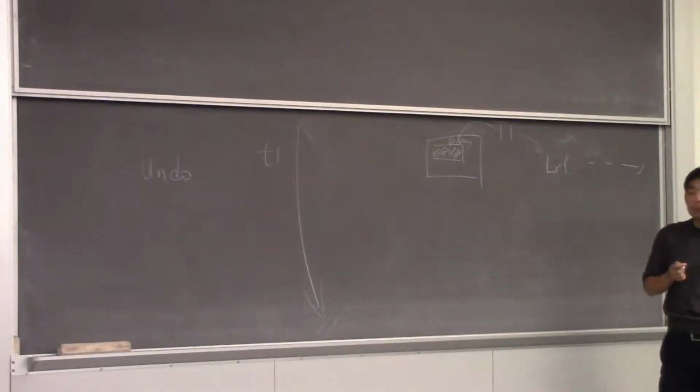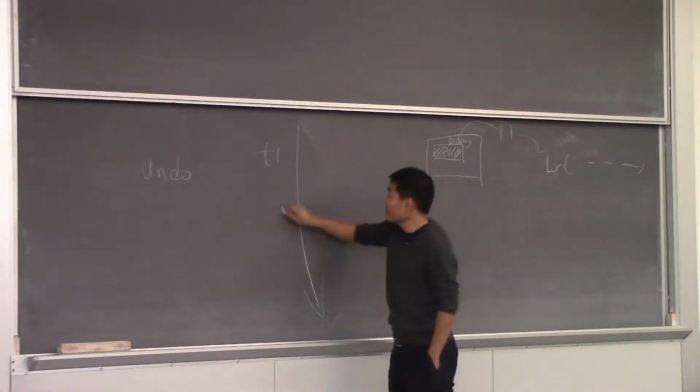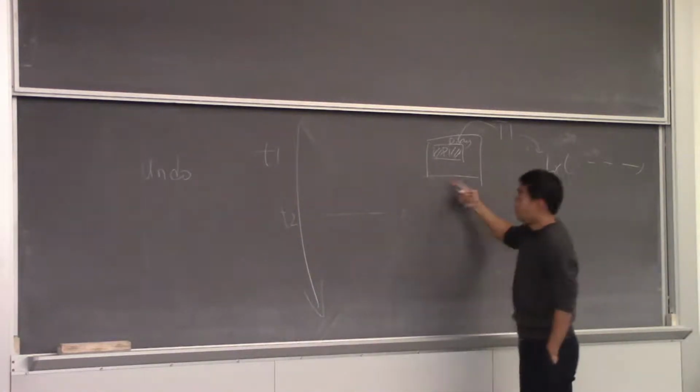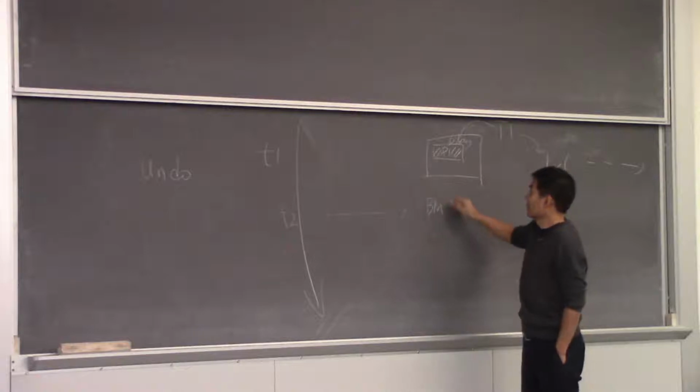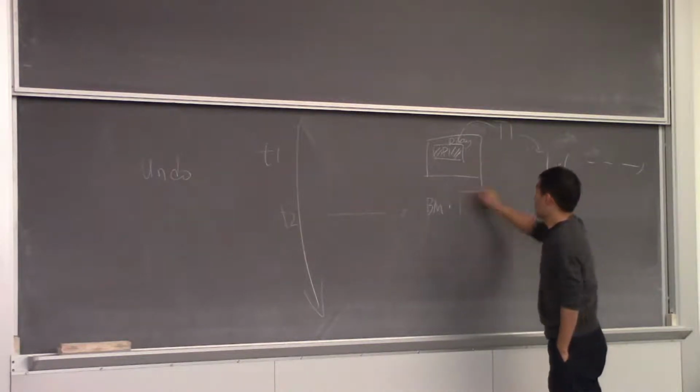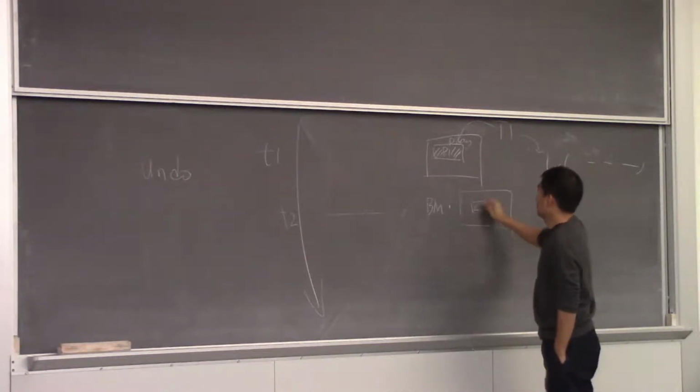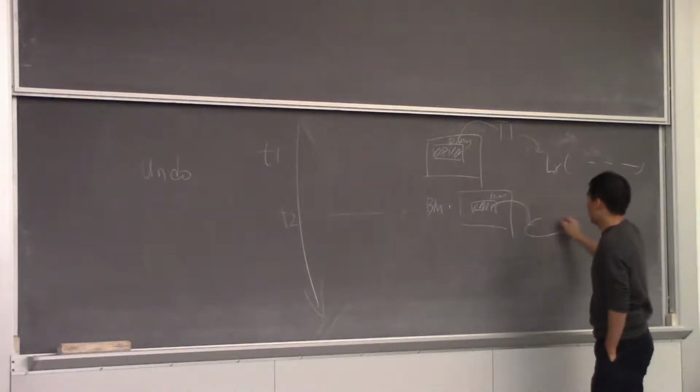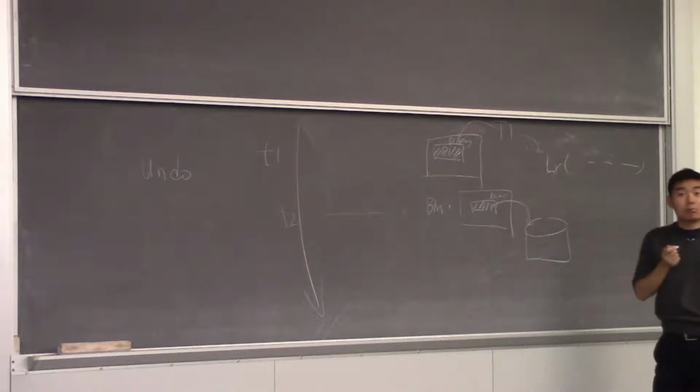And then at some point t2, the buffer manager pushes p1. I'm going to duplicate the buffer here, which is still dirty. I'm going to push this to disk. Is that okay? Yes or no? Do you follow me?